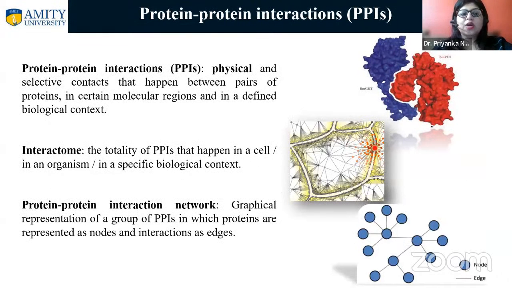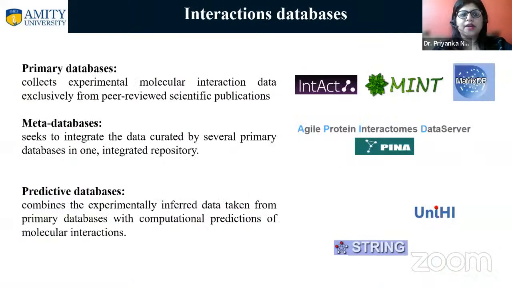So let us now come down to protein-protein interactions. These are physical and selective contacts that happen between pairs of proteins in certain molecular regions in a defined biological context. The interactome is the totality of PPIs that happen in a cell, and all these representations we can find out in Cytoscape.